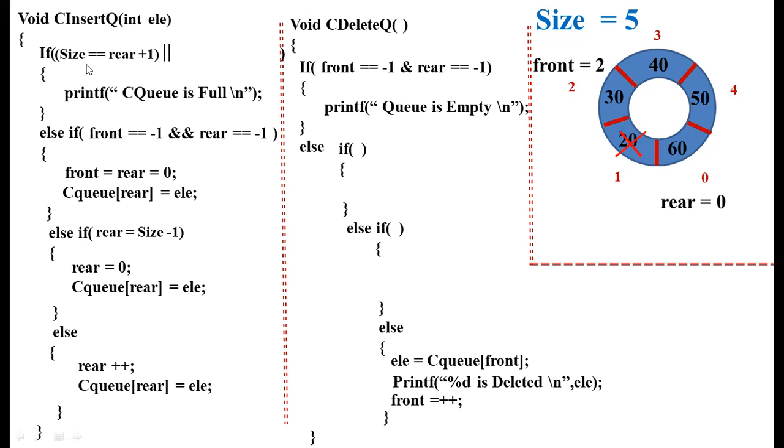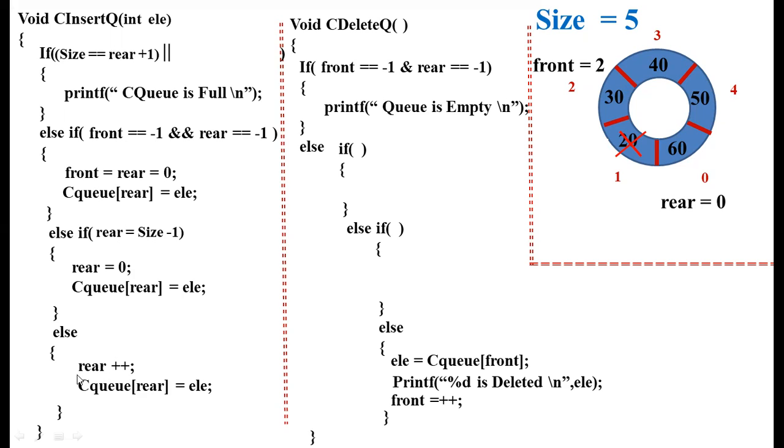It will check whether size is equal to rear plus 1. No, the condition is false, so it will come to this else block. Front value is equal to -1 and rear value is equal to -1, which is also false. So it will come here. Rear is equal to size -1? That is also false. Rear is not equal to size -1.